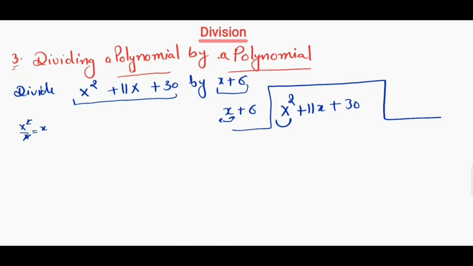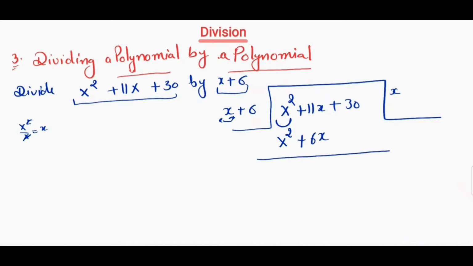After that I have to multiply this x with all the terms of the divisor. First I will multiply x with x, so it will become x square, I'll write here. Next, what sign is here? Plus sign. I put plus sign, and I have to multiply this x with 6, so this will become 6x.